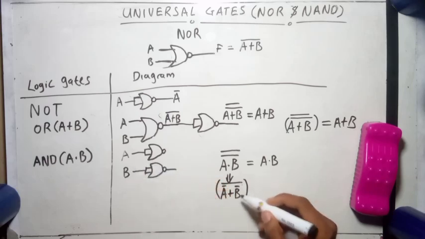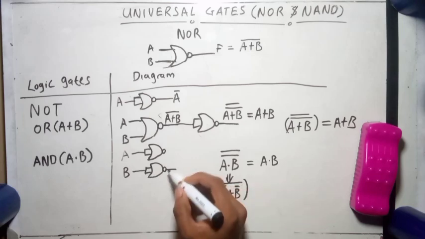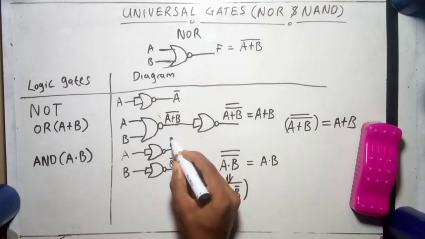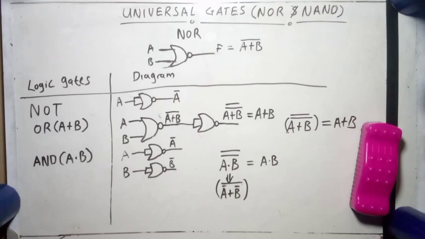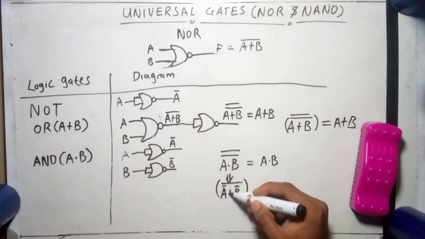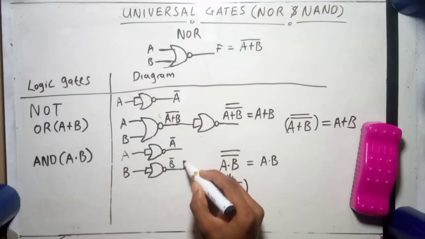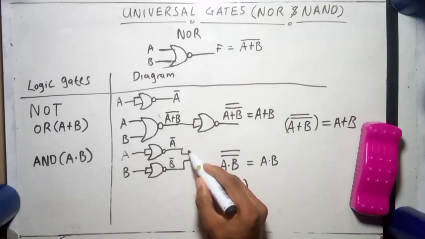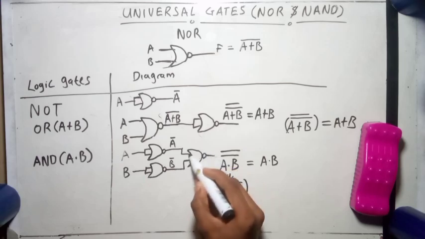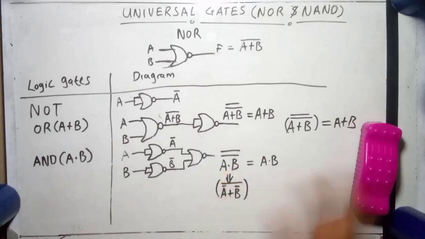Now we have done this part. So at this part we'll be having our B bar, and at this part we'll be having our A bar. Now what is left for us now to do is to NOR it, which is just joining the two of them together and getting your output.